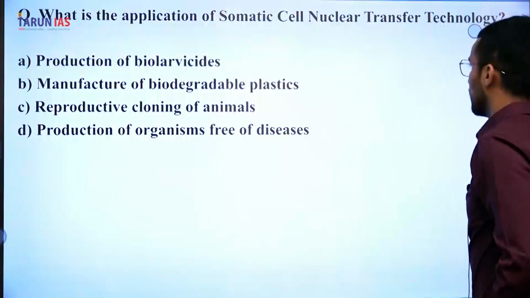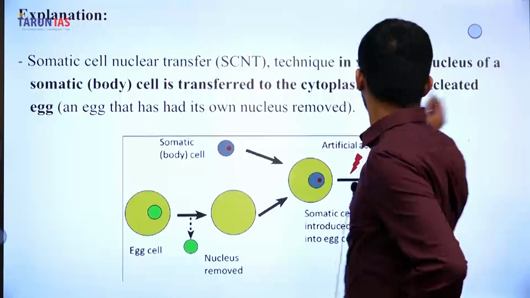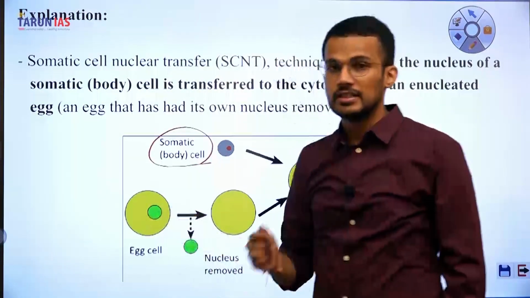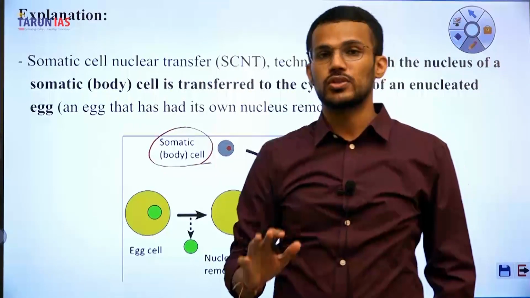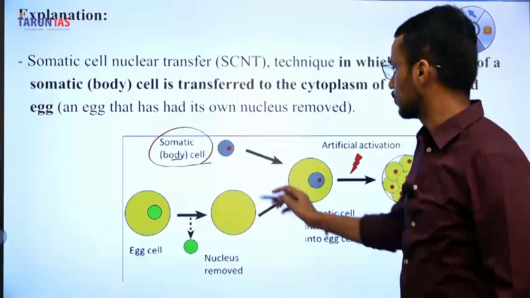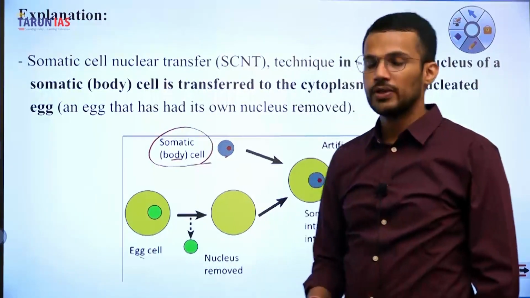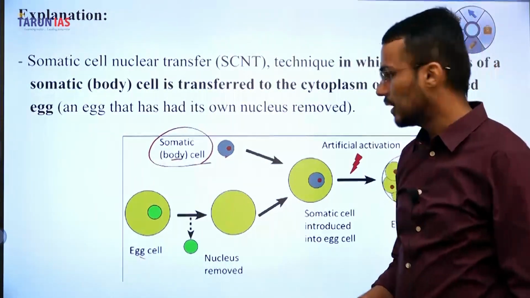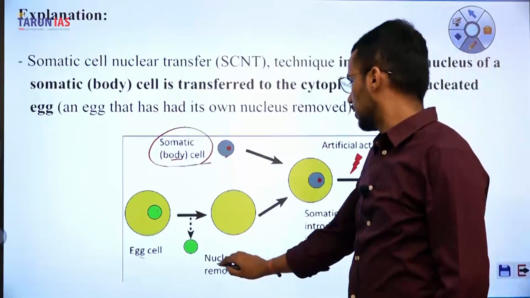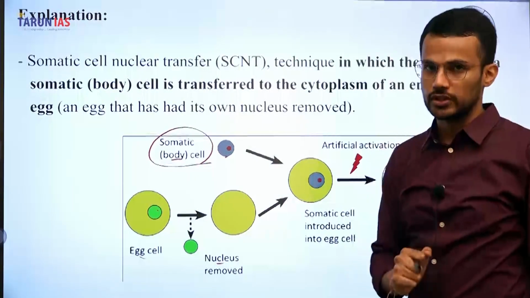You'll be able to understand this particular technology with the help of this diagram. So what we have done, there is a somatic cell, that means a cell which is not associated with egg or sperm cell. That means they are the body cells, right? Also, we have an egg cell, but we have removed the nucleus from that egg, and thus we have the egg cell without the nucleus.